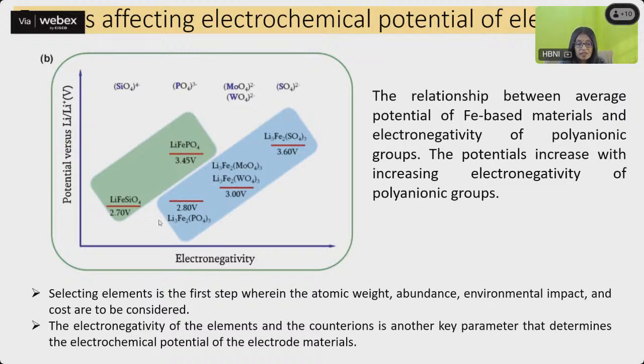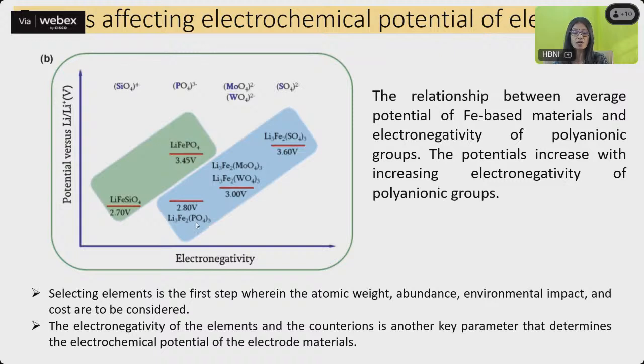In this particular plot, on the x-axis we have electronegativity and on the y-axis we have potential. For lithium iron silicate, the potential is 2.7 volt, whereas in the case of lithium iron phosphate the potential is increasing. It is 3.45 volt. That means the working voltage has increased, which means the energy density of the cell is going to increase.